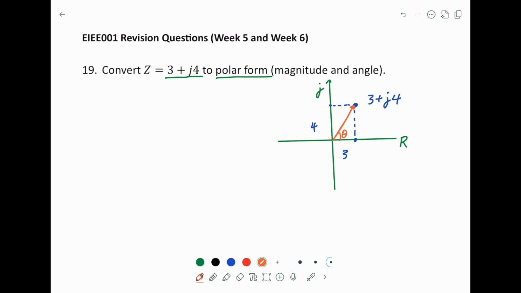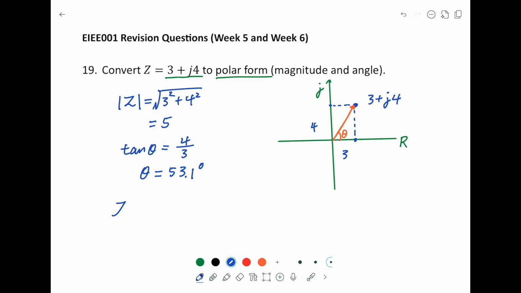So we can say easily now the magnitude, what we call the Z, the magnitude or the absolute value is equal to the square root of 3 squared plus 4 squared, and this is 5. Tangent theta equals 4 over 3. So the angle theta equals 53.1 degree.